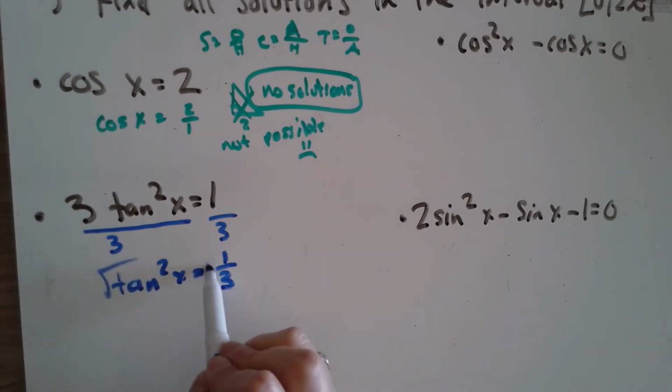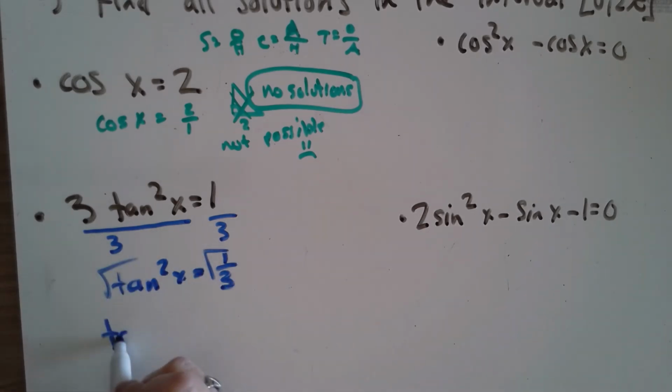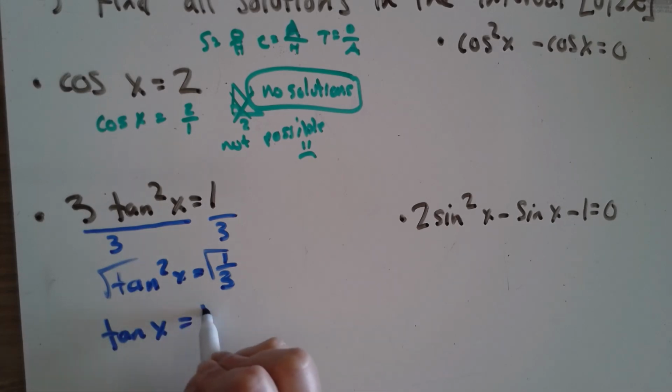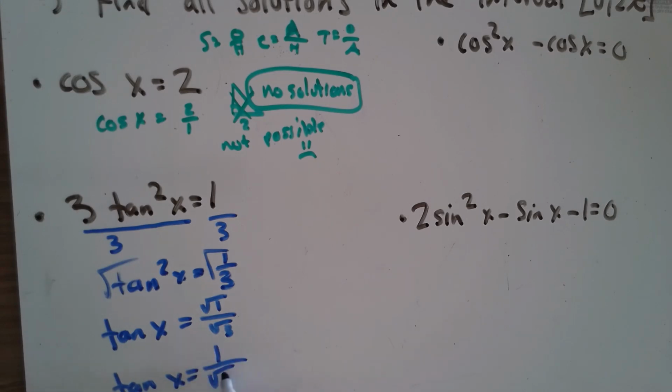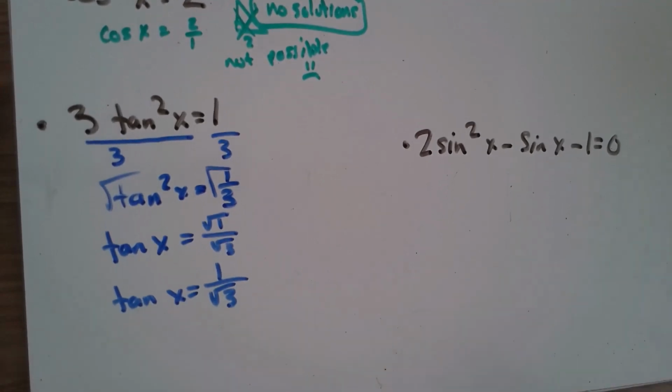So we're going to square root both sides. So tangent x equals the square root of 1 over square root of 3. So tangent x equals 1 over square root 3. If we rationalize that denominator, tangent x is square root 3 over 3.